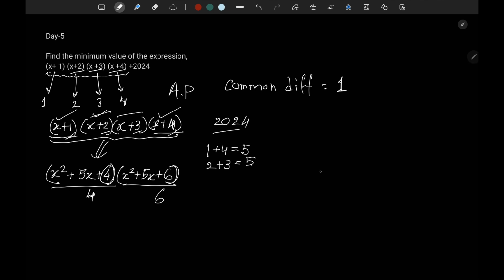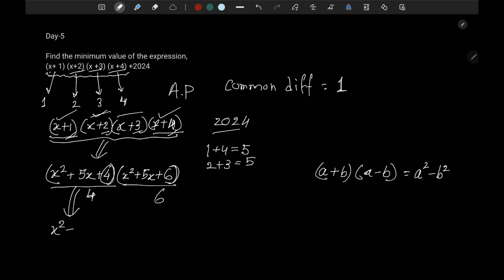Now if you remember a formula, a plus b into a minus b, you will get a square minus b square, right? So we can rewrite this thing for the ease of calculation.